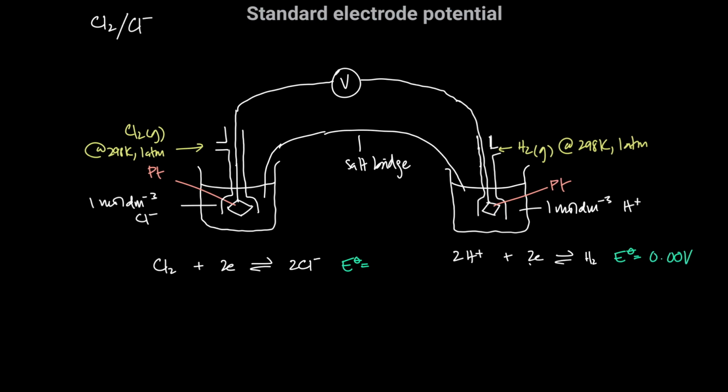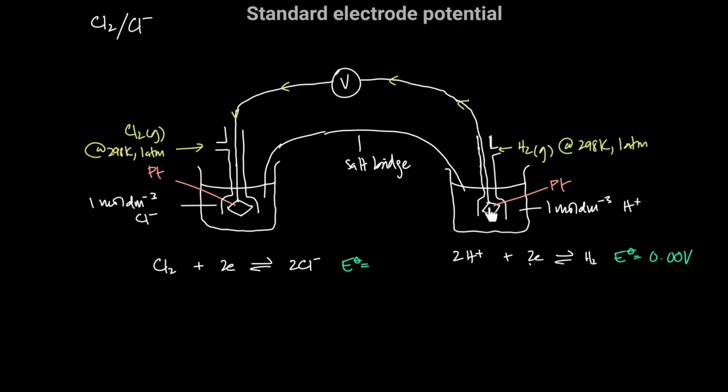Now it's observed in this particular case that we are able to determine that electrons flow from the standard hydrogen electrode towards the chlorine chloride electrode, towards this half cell.